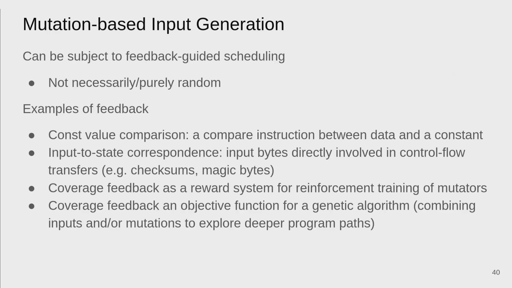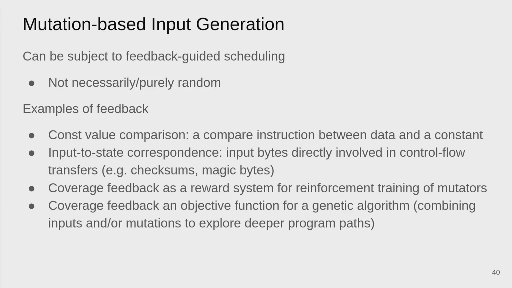Mutation-based input generation can be subject to feedback-guided scheduling, not necessarily purely random, but highly biasing towards certain areas. For example, const value comparison: compare instructions between data and constants can be extracted and added to the fuzzer. Input to state correspondence: do input bytes directly correspond to certain control flow decisions, and then the fuzzer can try to directly mutate those.